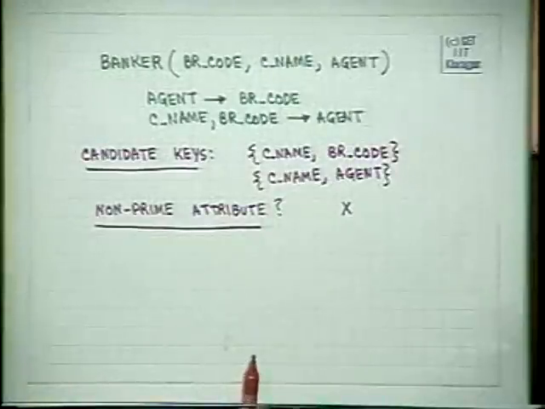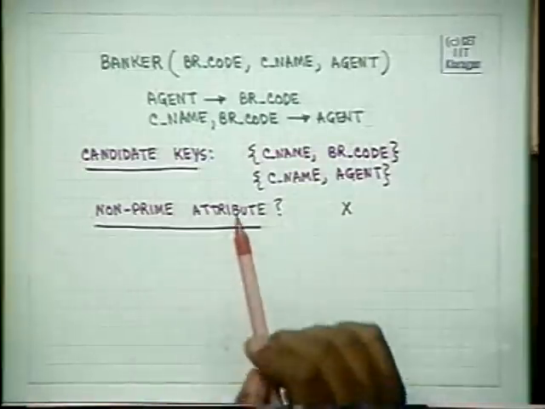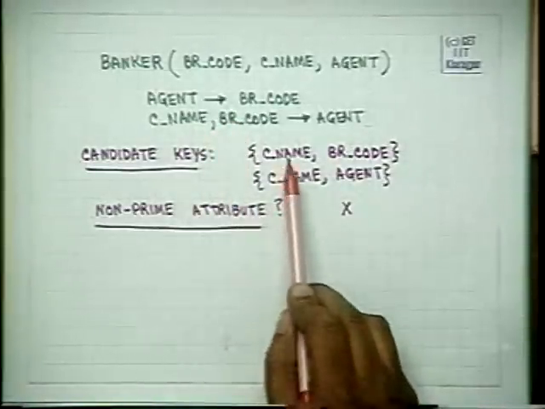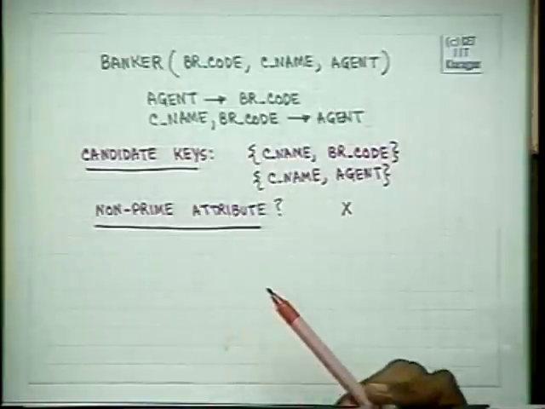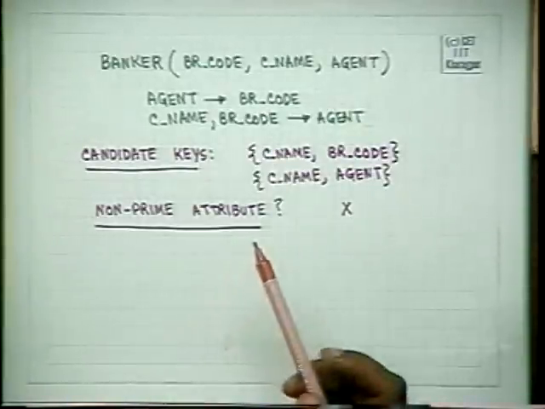However, let us come to this example. This example has got no non-prime attribute, so it is in second normal form. And since it has got no non-prime attribute, it is by default in third normal form as well.